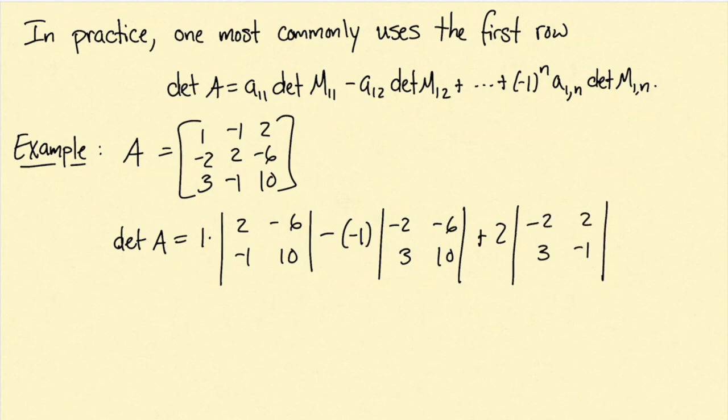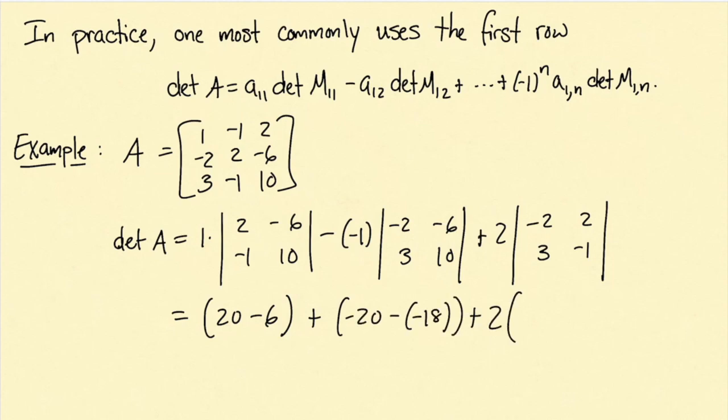The determinant of our first matrix is 20 minus 6. The second is negative 20 minus negative 18. And the third is 2 minus 6. That gives us 14 minus 2 minus 8, which is positive 4. So there is the determinant of this 3 by 3 matrix.